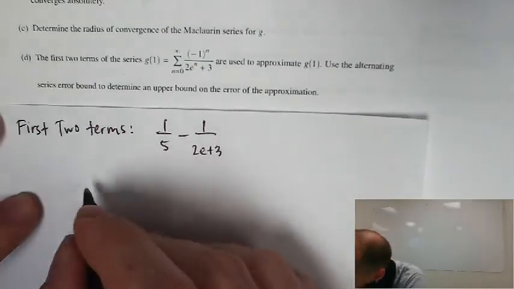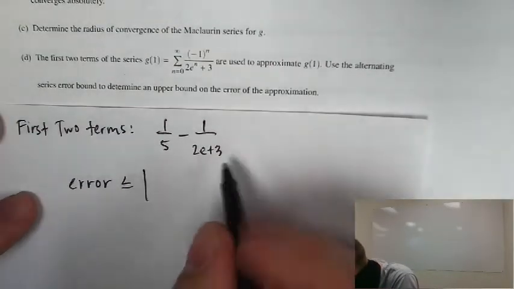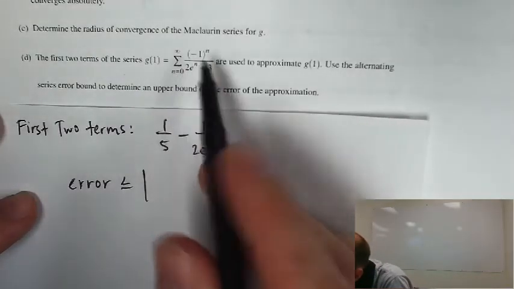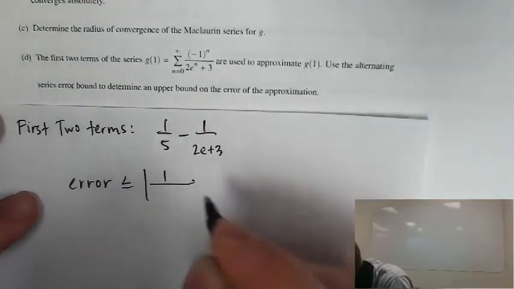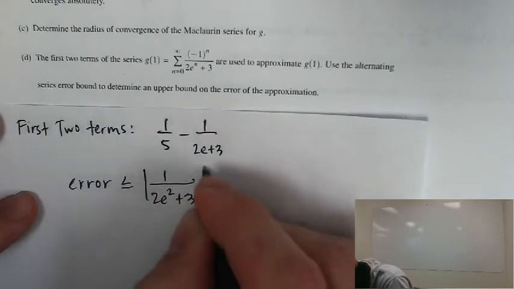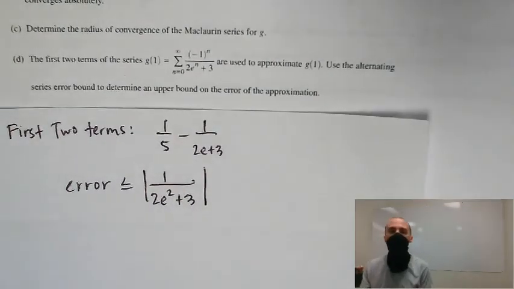And then that means that the error is less than or equal to the absolute value of the next term. Well, the next term would be where I plug in n equals 2. So negative 1 to the 2 is 1 divided by 2e to the 2 plus 3. And walk away, right? We're done. That's all I've got to say about this one.